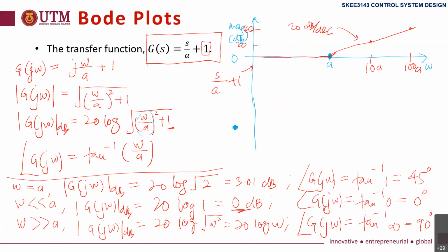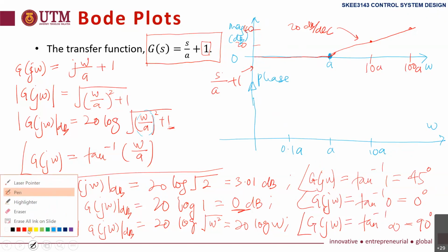Let's see the phase. Again, A, 10A, 0.1A. That means 1 decade before and 1 decade after.